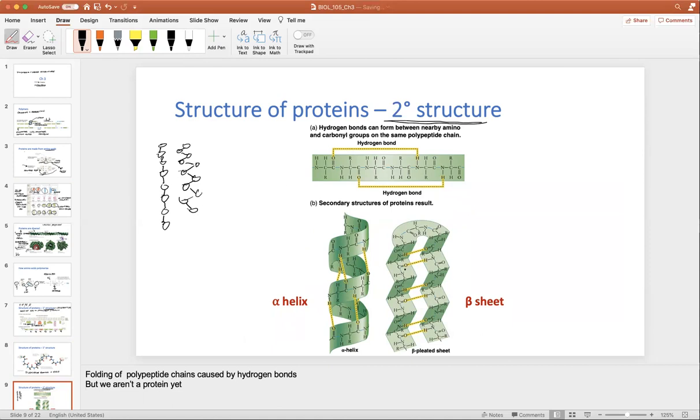And so there's two different ways that these polypeptides can fold up. They can fold up in a spiral configuration, almost like DNA. That's called an alpha helix. Or they can fold up kind of like when you were a kid and you would fold up paper to make a fan. This is called a beta sheet, or sometimes a pleated sheet.